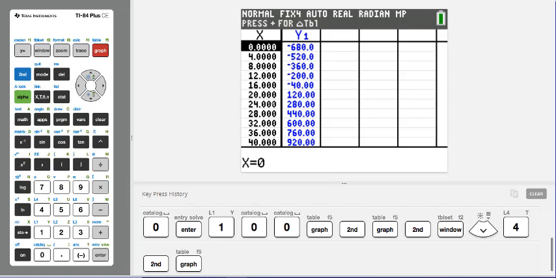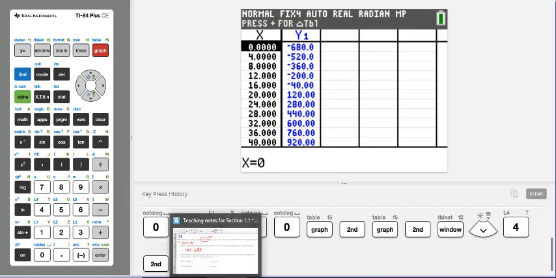We can look and see right here between 16 and 20, something is happening because it's going from -40 to 120. So we know it's crossing over between that.